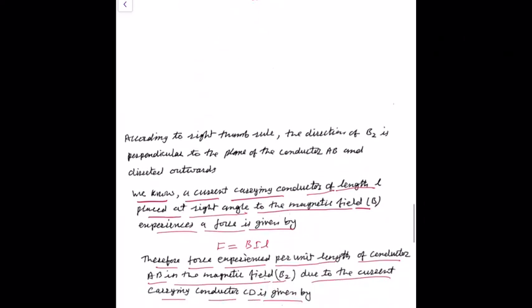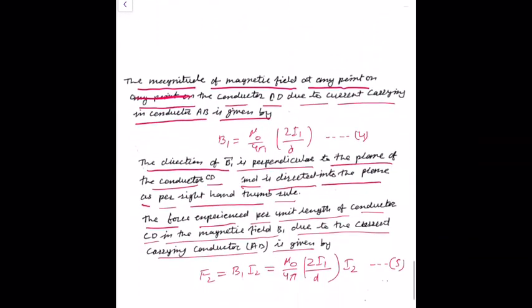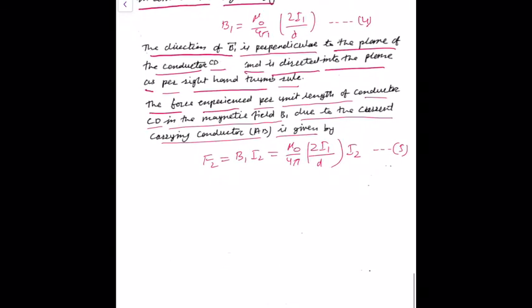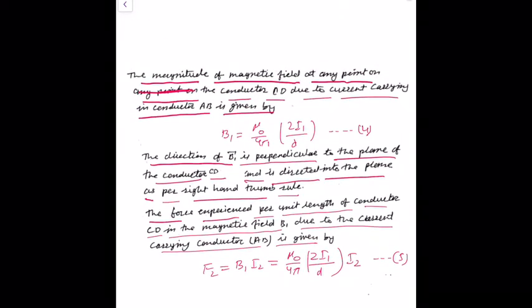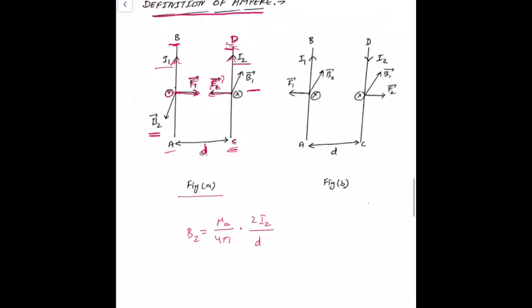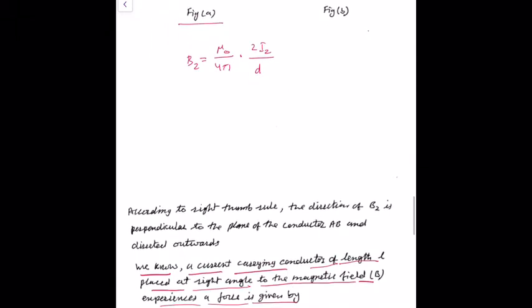Since F1 vector and F2 vector are equal and opposite, these forces pull the two conductors towards each other. Hence, we conclude that two long parallel conductors carrying currents in the same direction attract each other by F1 and F2 forces.